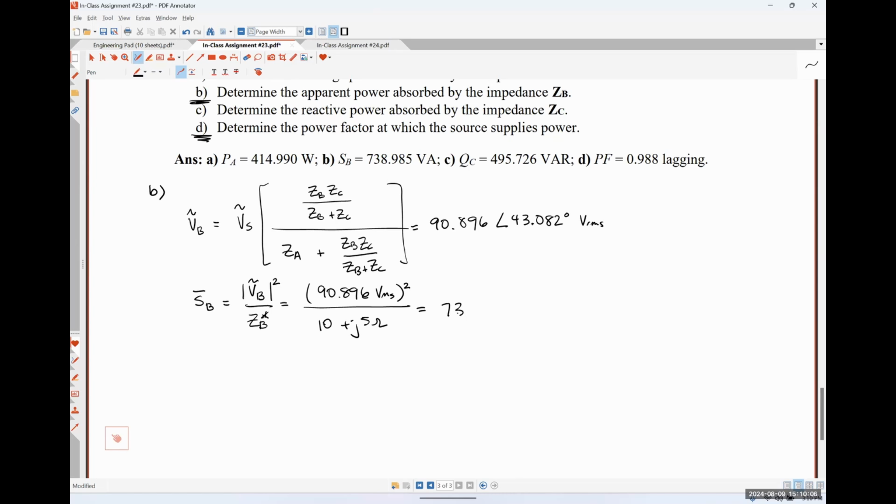I got 738.983 with an angle of negative 26.565 degrees volt ampere in polar form, and 660.967 minus J330.483 volt amperes in rectangular form.